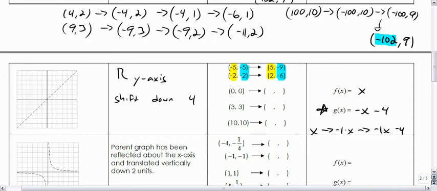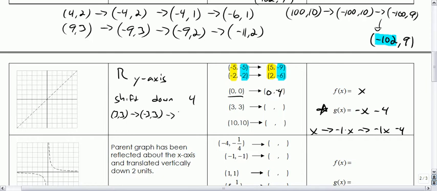So then we trace some points. Okay, (0, 0). We can do some scratch work here. (0, 0) reflected across the y-axis is still (0, 0). Down 4, it goes to (0, -4). (3, 3) reflected across the y-axis gives me (-3, 3).